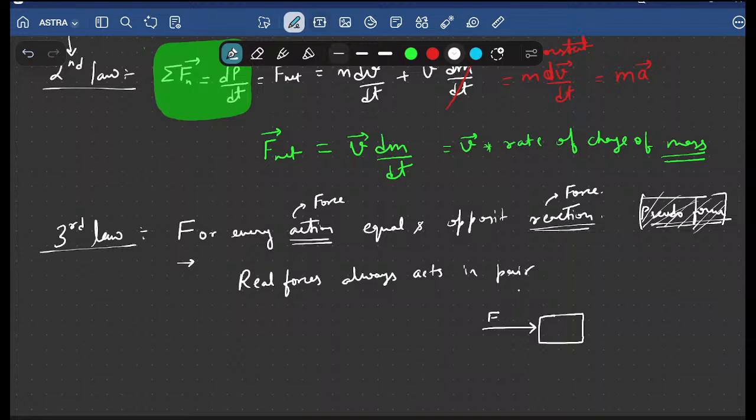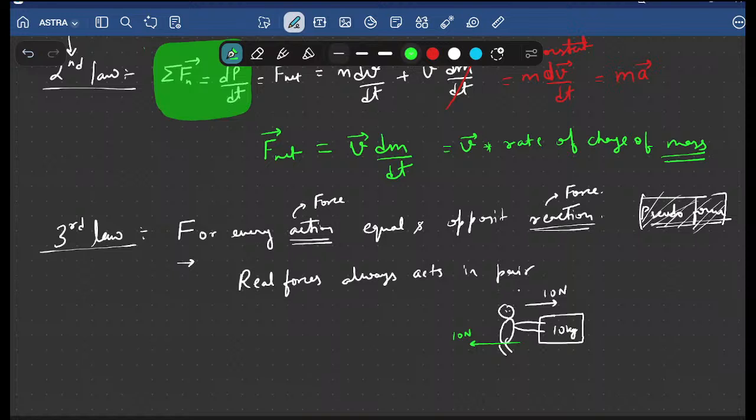For example, suppose here there is a person applying force, and this is a mass of 10 kg, and the person is applying a force of 10 newton on the block. So if the person is applying action, then the block is also applying a reaction force of 10 newton on the person. That is what the law says.